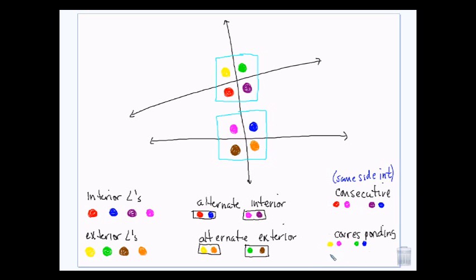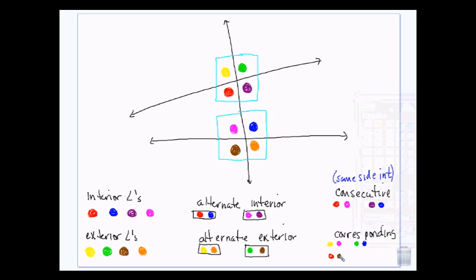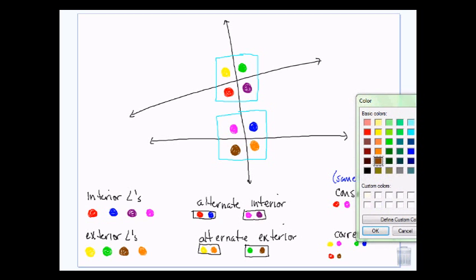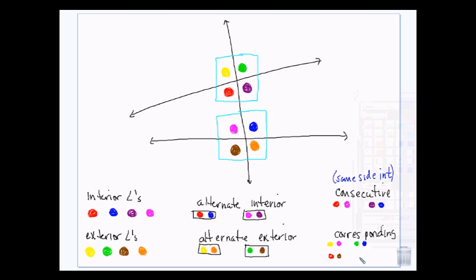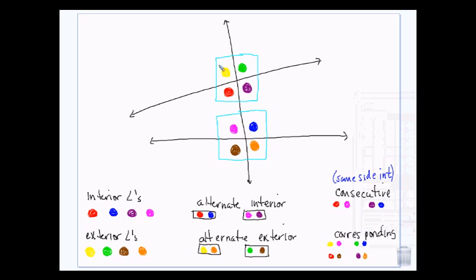Red and brown go together because they're in the bottom left-hand corner. And then purple and orange go together because they're in the bottom right-hand corner. So corresponding angles, like I said, if you draw kind of an imaginary box around here, they're in the same position in the box. So this one's in this position in the top box, so purple's in the same position in the bottom box. Those are corresponding.